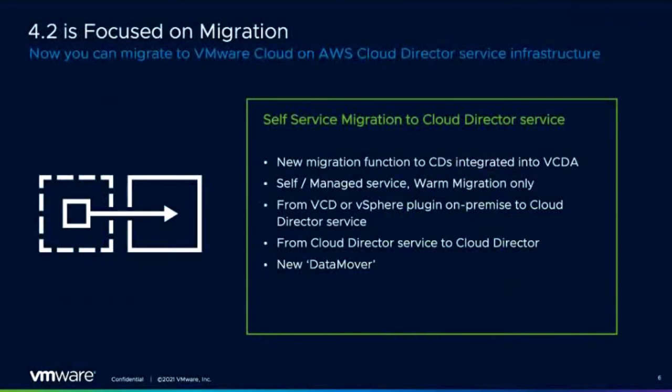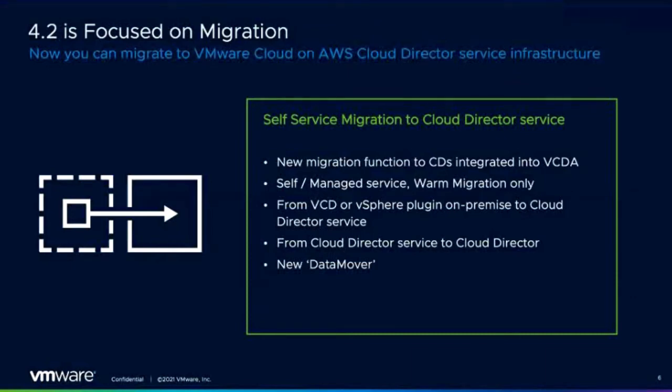So it's a totally new thing as it was not supported before, and it can be offered as a self-service or managed service. The simplicity of the whole process allows it to be offered as a self-service. But of course, if your offerings include managed, you can do that as well.